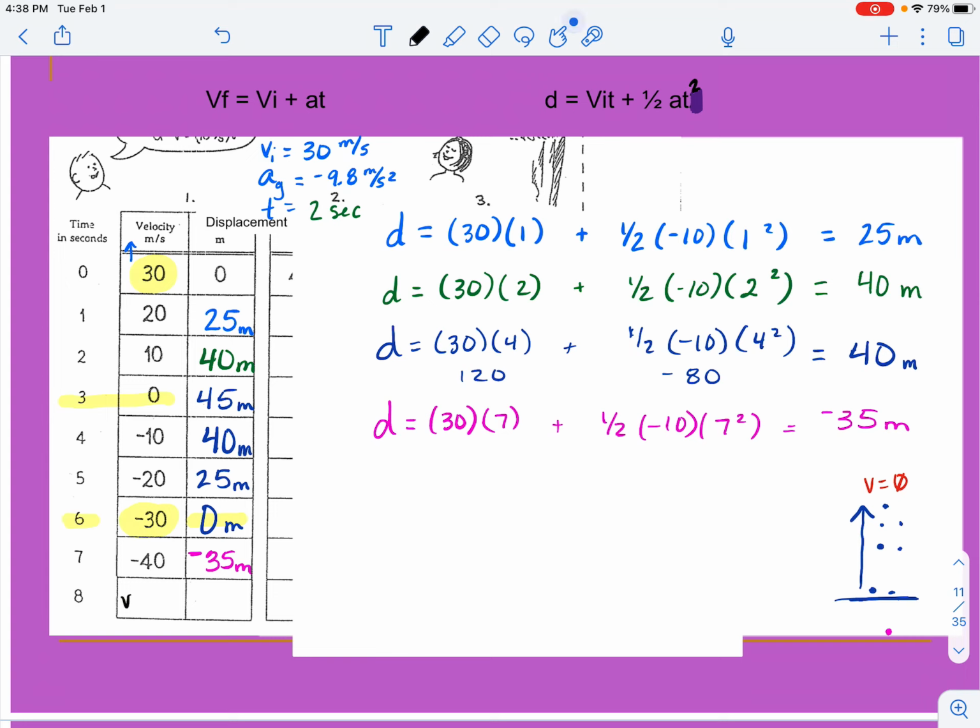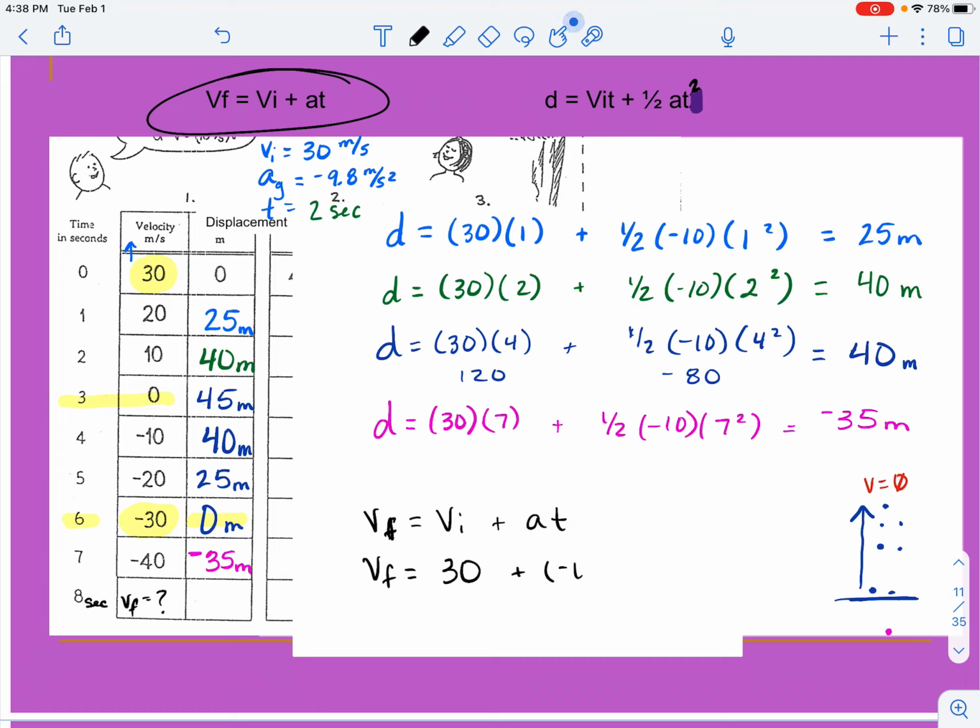So now, if my VF is my unknown, and I'm trying to do this for 8 seconds of time, then I can use this equation to figure out what that final velocity is. So VF equals VI plus AT. So for this question, I'm looking for VF. My VI is 30. Don't put in a 0. That's not the situation for this question.